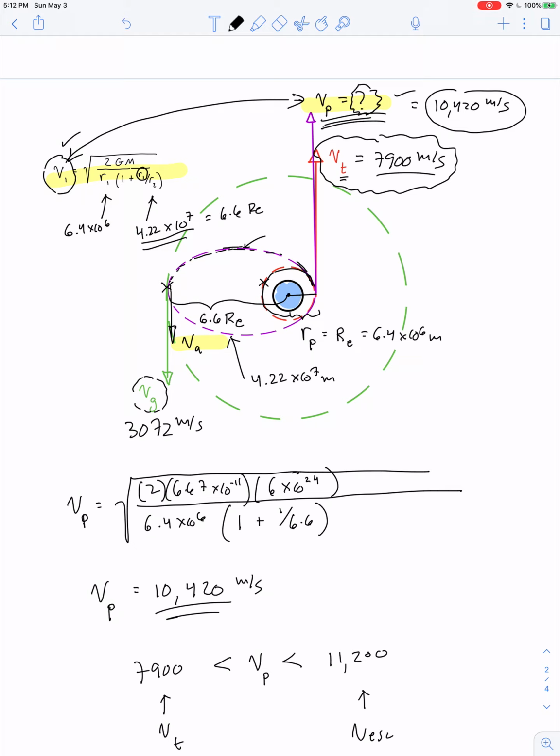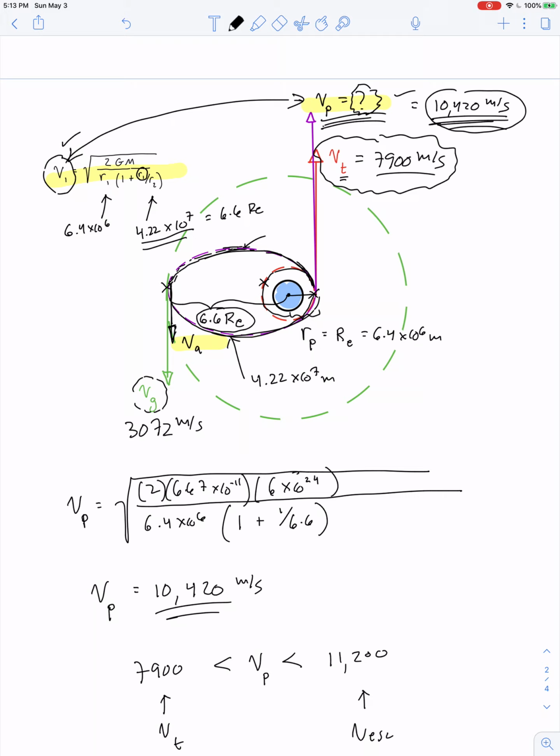What will result is an elliptical orbit that sends the satellite out to a distance of 6.6 times the radius of the Earth. Now, if nothing was done at that point, sure, the velocity here is going to be less, but then the satellite's going to fall back in, and when it reaches this point, this speed will be back to 10,420, and it'll just continue on in this elliptical orbit, and that's not geosynchronous.